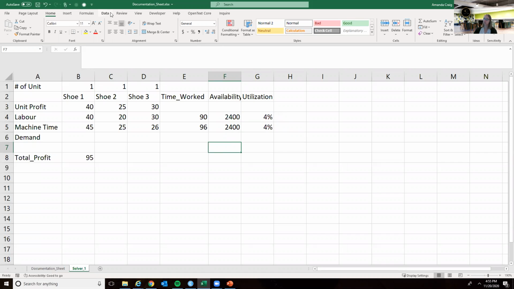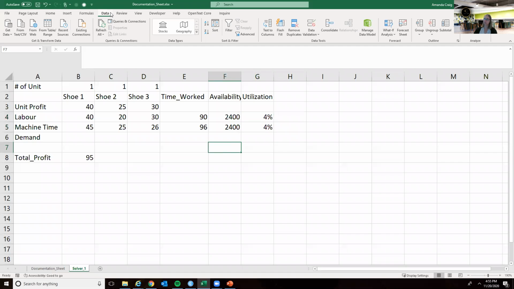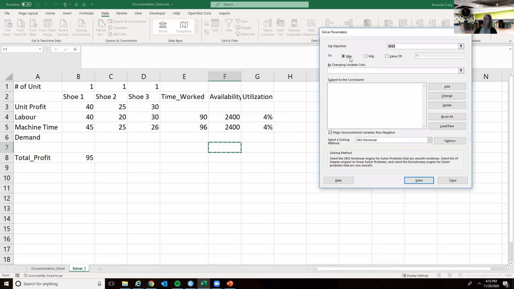And then once you've installed Solver, you'll be able to go to Data in your toolbar and find Solver under the Analyze section. And this is where we're going to populate our constraints as well as our objective.